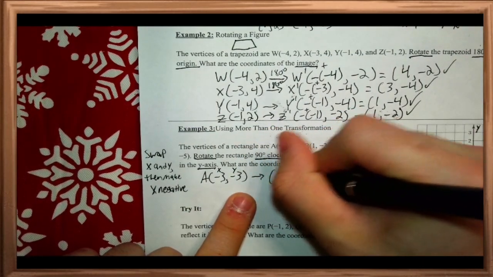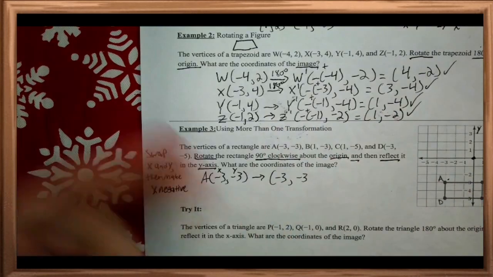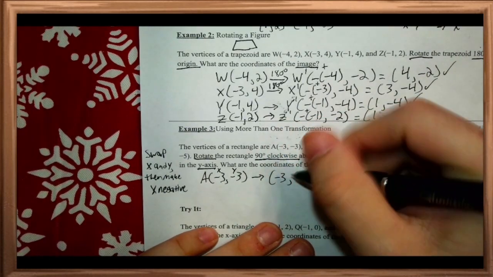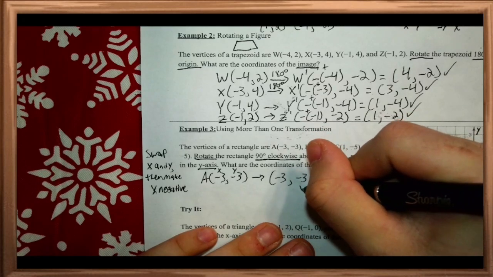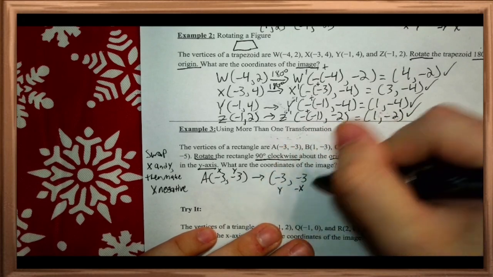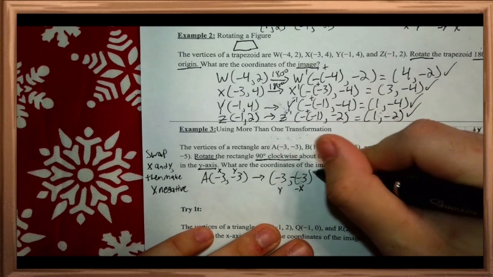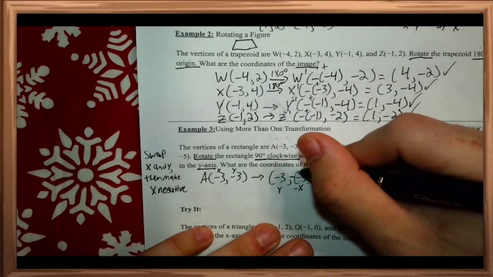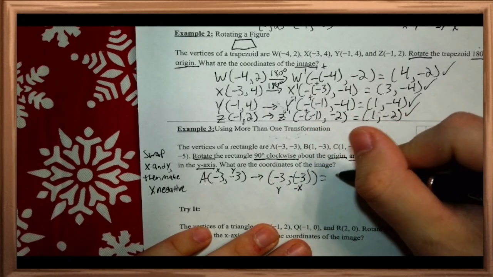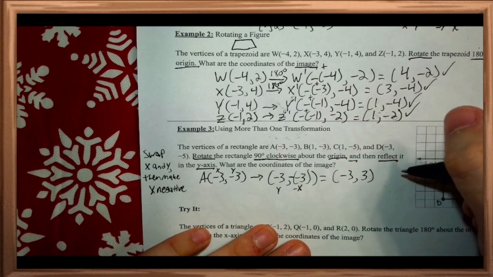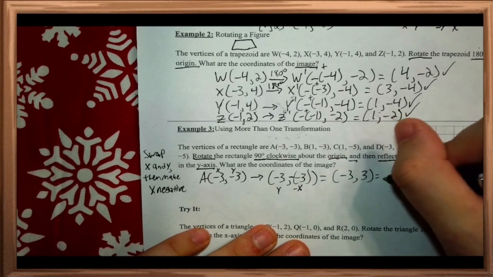So negative 3, negative 3. It's the same number, so that's nice. And then we make this x positive, right? It's the negative version of x. So it's negative, negative 3. Double negative, well, that's a positive. So we have negative 3, positive 3. And that's A prime.